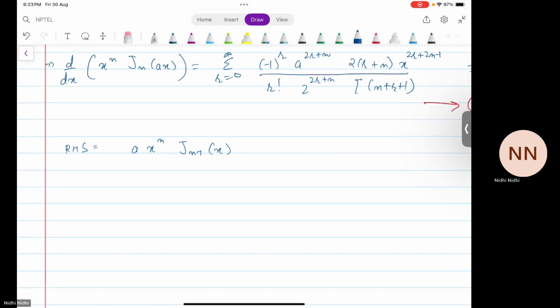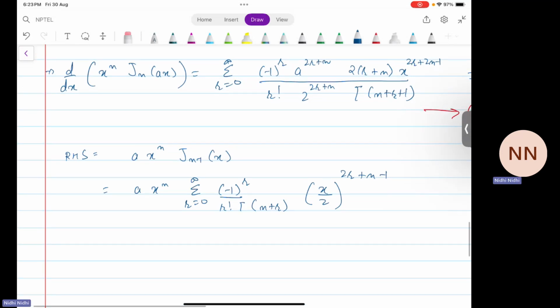Yes. So this is a x to the power n, summation r from 0 to infinity, minus 1 to the power r, by r factorial gamma (n minus 1 plus r plus 1), which would give us n plus r, x by 2 to the power 2r plus n minus 1.